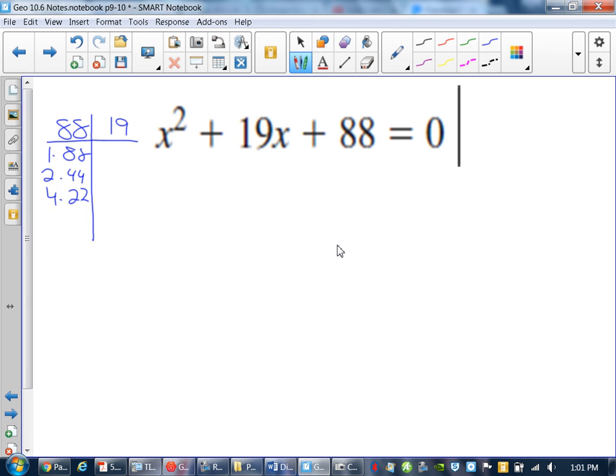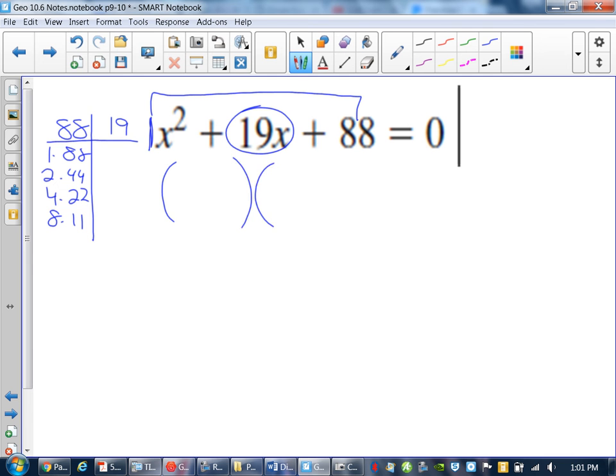Then this one goes to, I think it just goes to 8 and 11. Which one of those combinations, if you add them together, gets you 19? 11. So again, since this was a 1, I multiplied here to add to the middle.